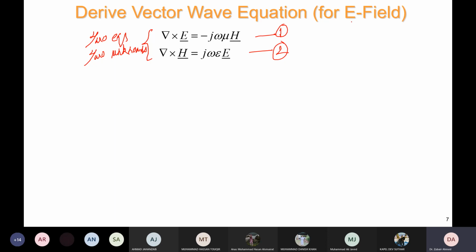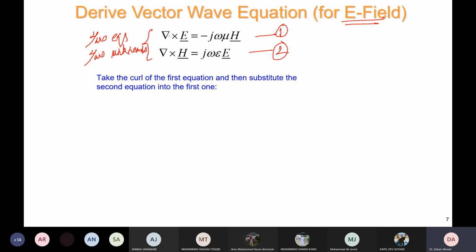If we want to, let's say, find the electric field, then we want to express them as a single variable of, let's say, E field. So the usual step for doing this is that we take the curl of the first equation and substitute the second equation.